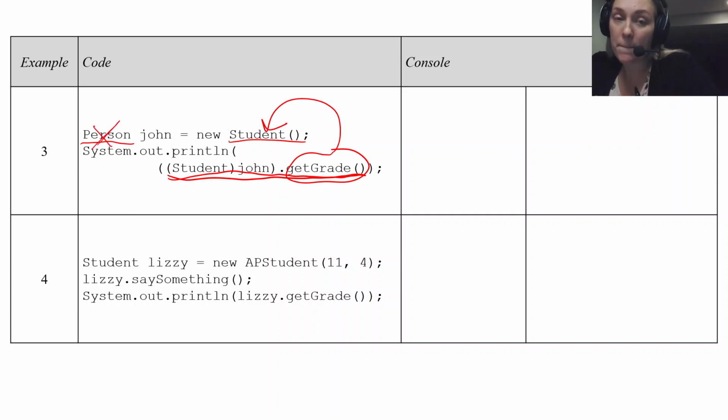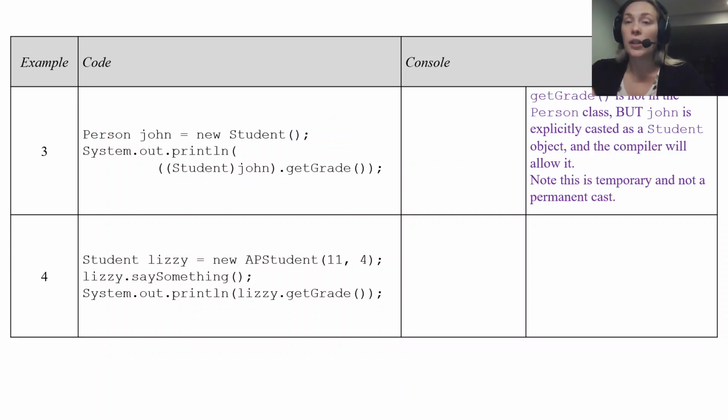But because he's being downcasted to a student, this allows John to behave like a student, meaning he can run any methods that are present in student. So even though it's not in person, he can run getGrade because he was downcasted for this line of code.